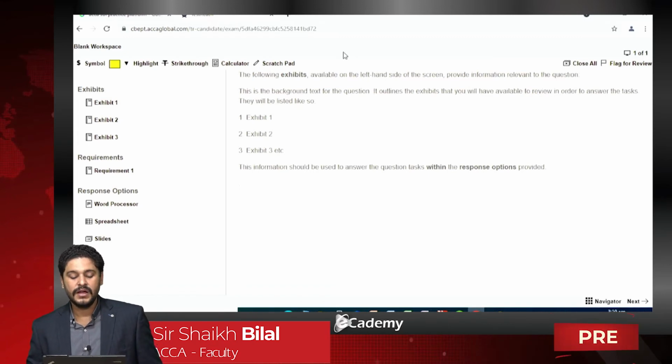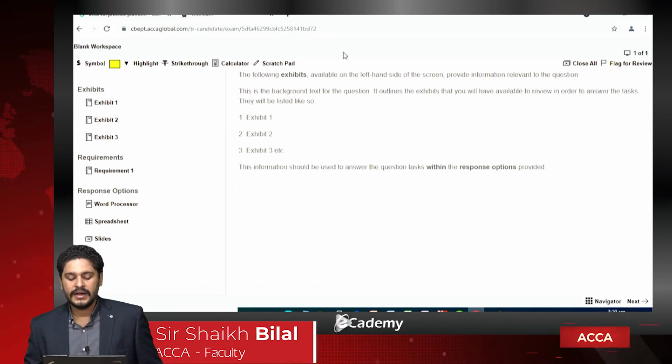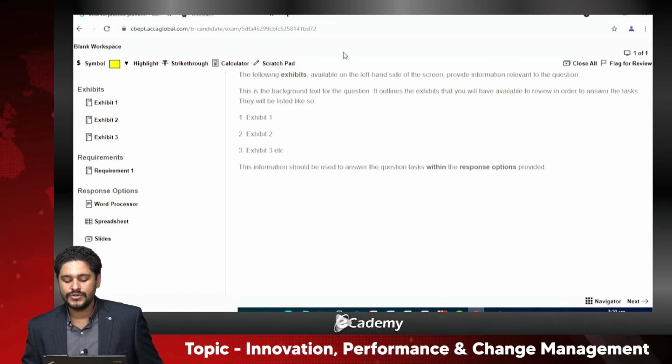This is the background text of the question, it outlines the exhibits that you will be available to review in order to answer the task. This can be listed like so. For example, we have got exhibit 1, exhibit 2 and exhibit 3, etc. The information should be used to answer the question task within the response options that are available.